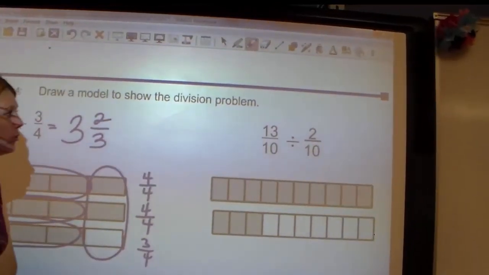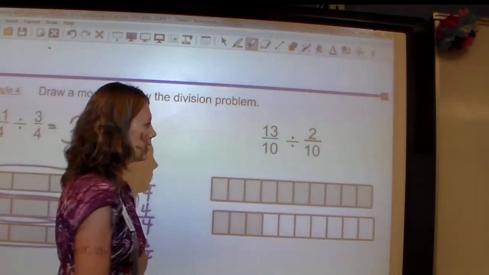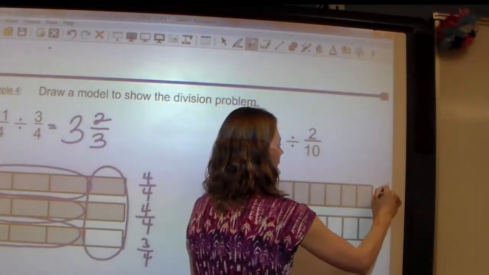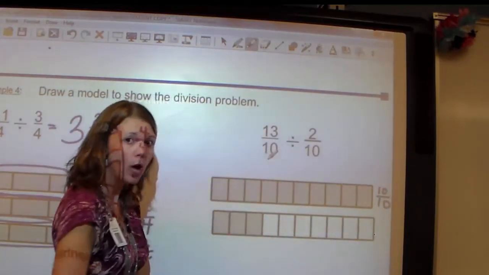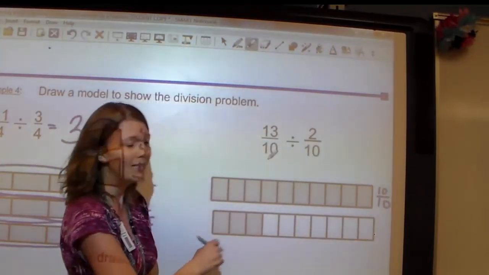For the last one, 13 tenths divided by 2 tenths. Again, here I have 10 tenths, and because I have improper, I'm adding another row underneath, so I have another 3 tenths shaded.